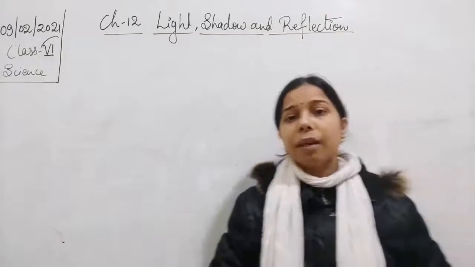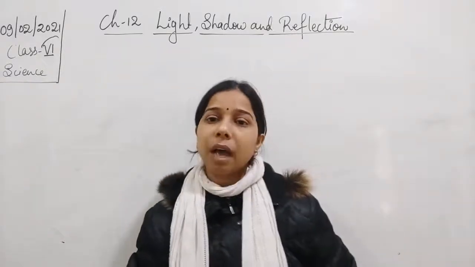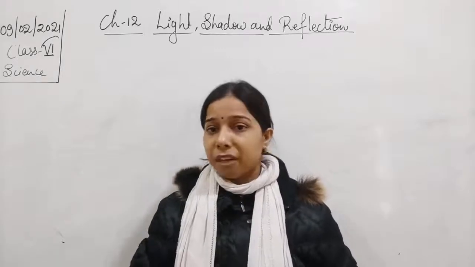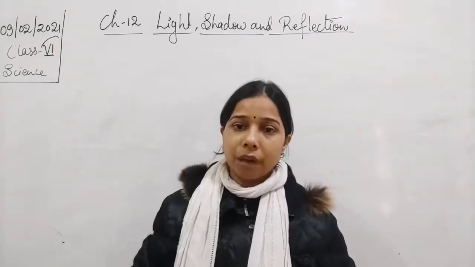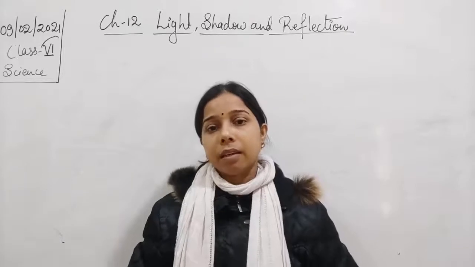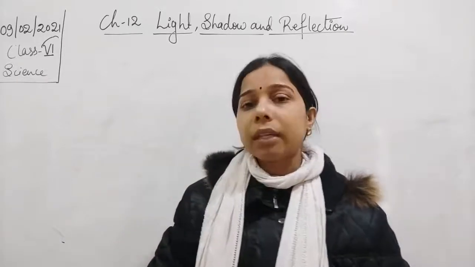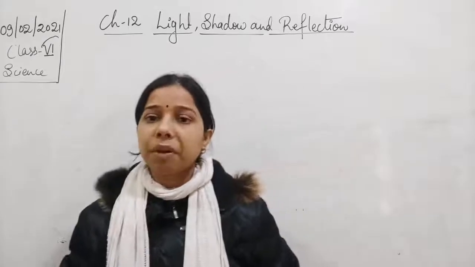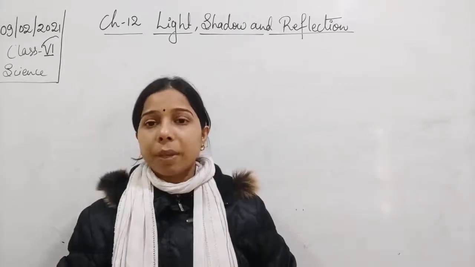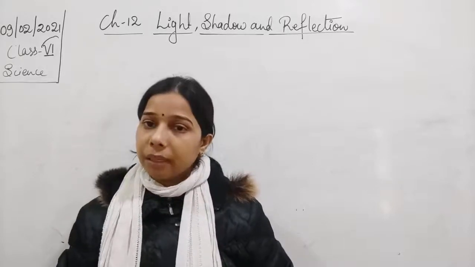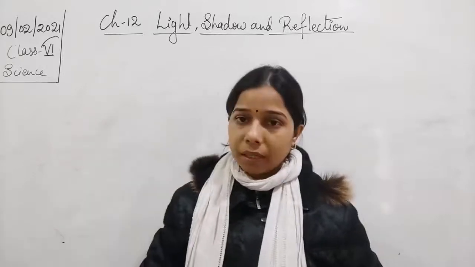Now if we talk about the uses of the pinhole camera, we have seen that it is used to see the film, the photographic film, if a photographic film is kept on the screen. Now, what are the different characteristics of a pinhole camera, students? Basically, the pinhole camera forms a real image and an inverted image.